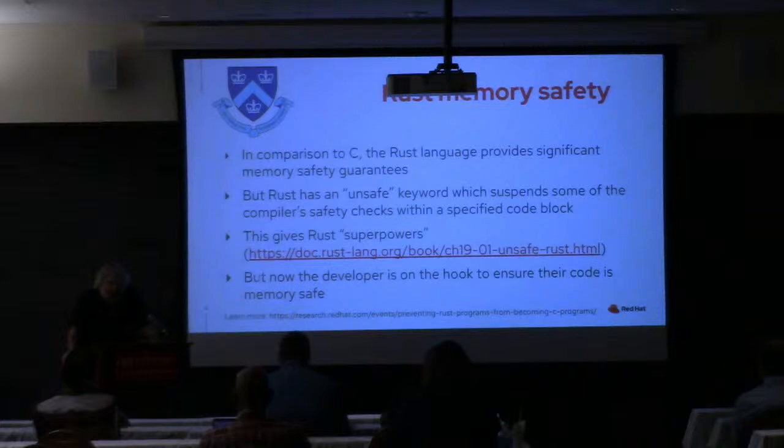Another area is Rust memory safety. I assume most of you here at least have some familiarity with the Rust programming language. Basically, the idea is we've historically used C and C++ as systems programming languages. And C is, to put it charitably, not very memory safe.